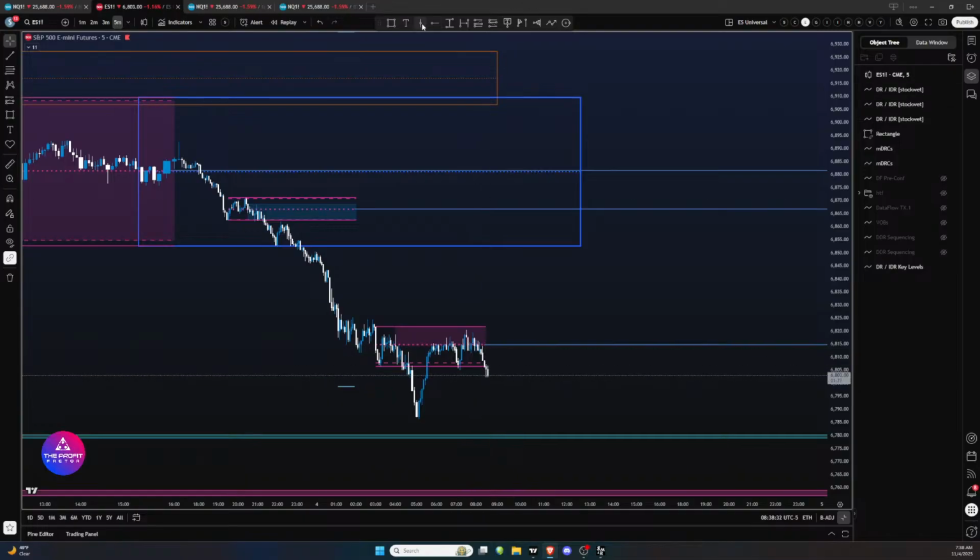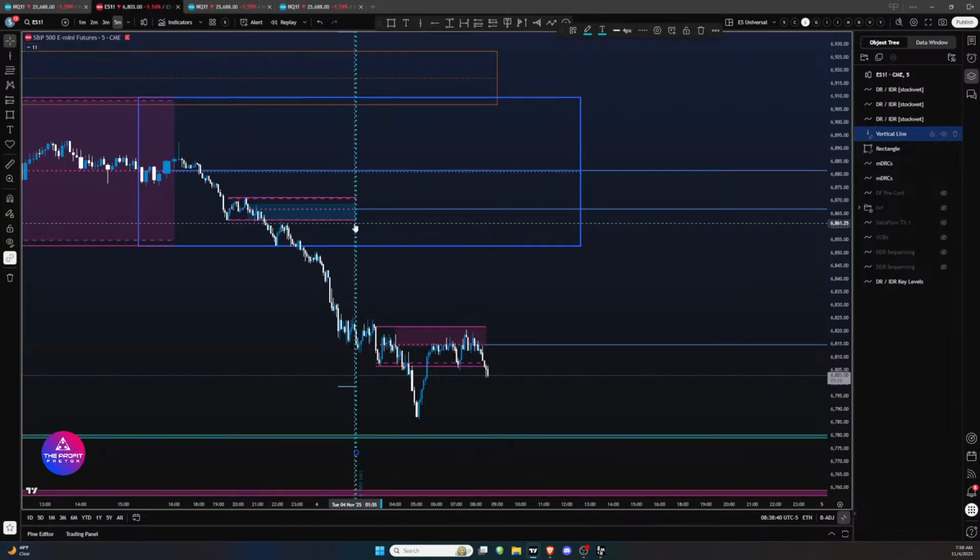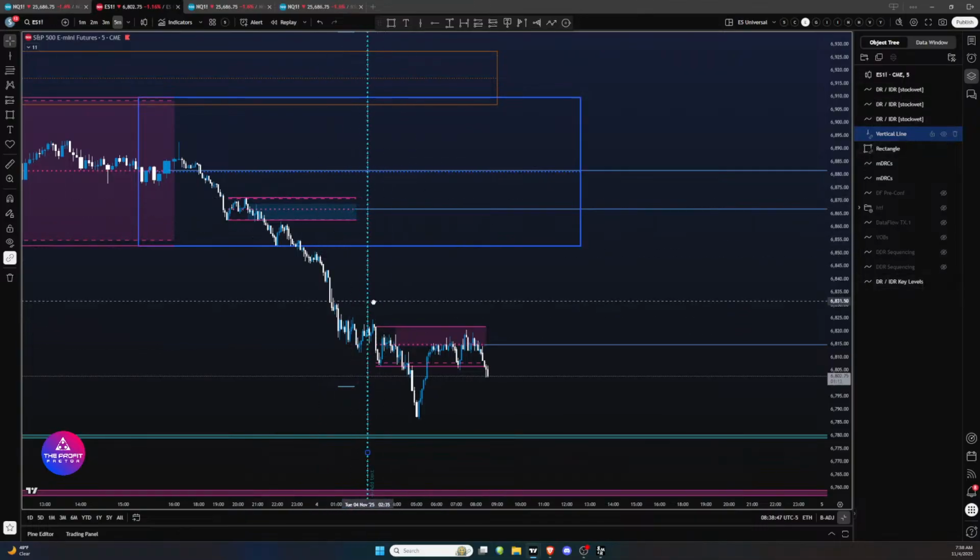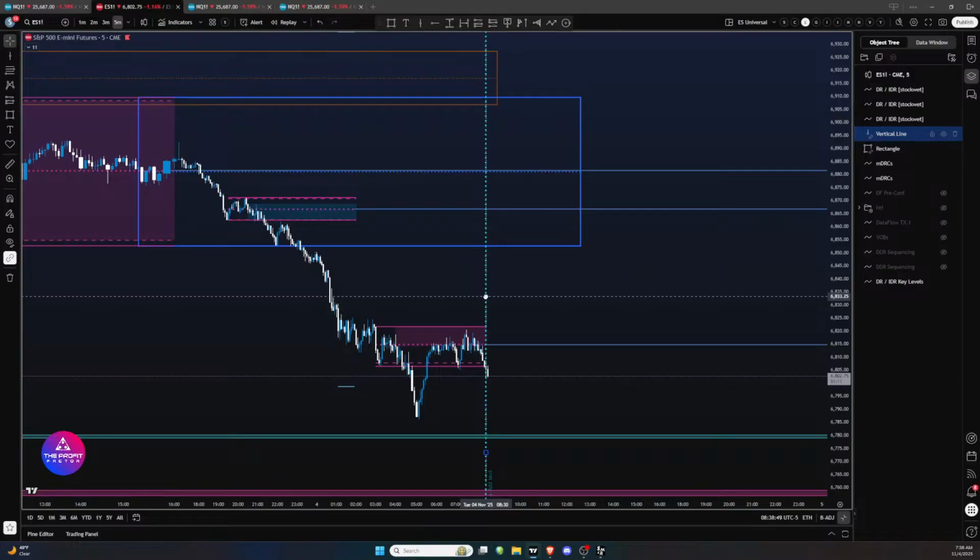When we close the ADR session like this, if this midline breaks, then we have a broken pattern. When this ODR session ends, if this midline breaks, then it's broken. But until this breaks, after this session closes, we have an unbroken downside.